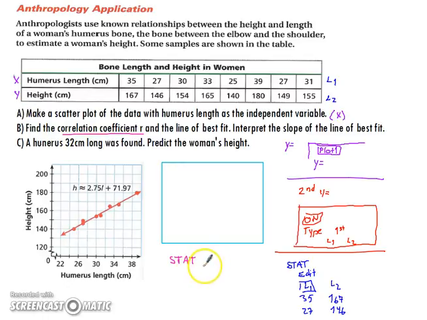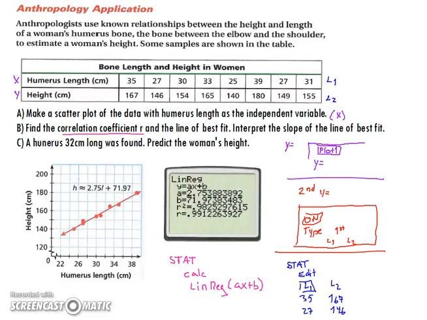So you're going to go to stat, and then go over to calculate instead of your edit, and you're going to look for LinReg, and in parentheses next to it you'll have ax plus b. So you're going to select that one and hit enter, and then it will show up on your beginning screen, and just hit enter one more time, and you'll have a screen that looks like this.